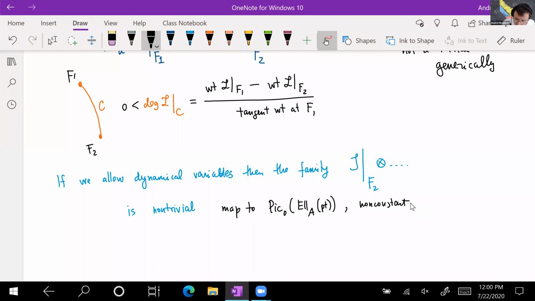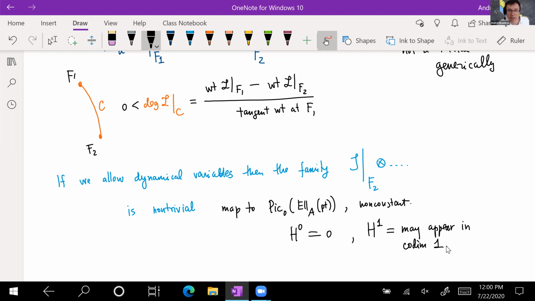And so this means H0 is just 0, and H1 may appear in codimension one. Right? This is some map. It could be a map with one-dimensional target.